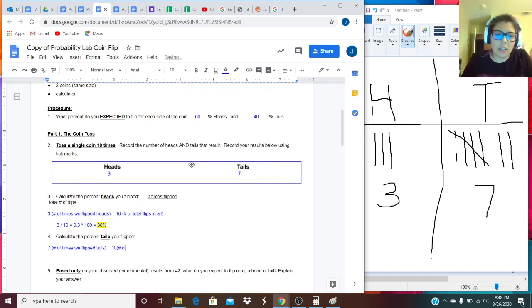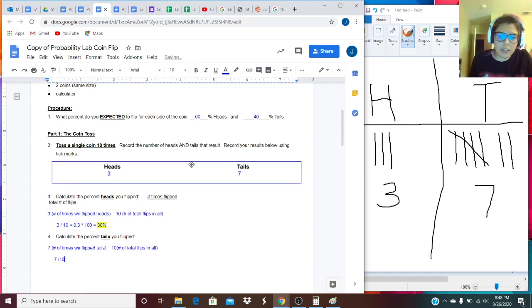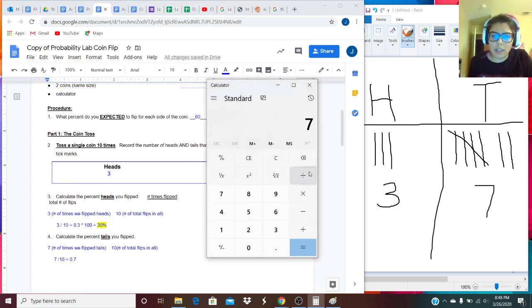And 10 will represent number of total flips in all. So I'm going to do 7 divided by 10. And again, if you're math savvy, you already know that it should be 0.7, but I'll show you the math anyway. So 7 divided by 10 is going to be 0.7, and I have to multiply that by 100, which will give me 70%.